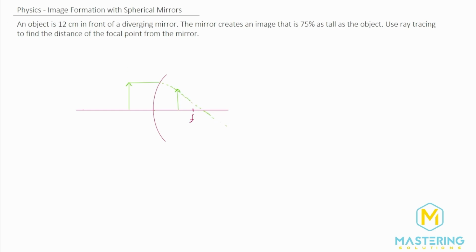So let's say right here is a focal point. And then we go through the center of the lens. And the angle of incidence is always equal to the angle of reflection. And then we have through the focal point and then parallel.